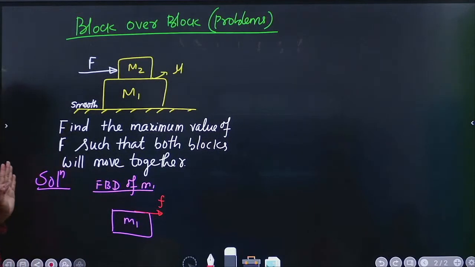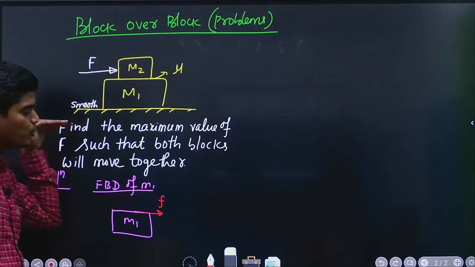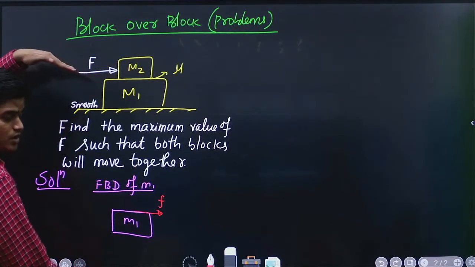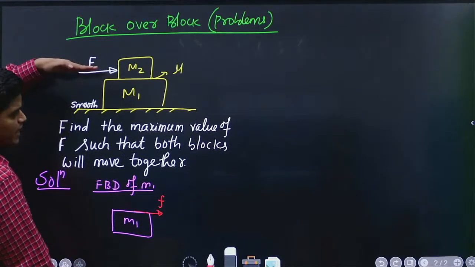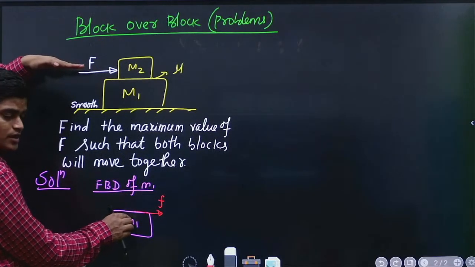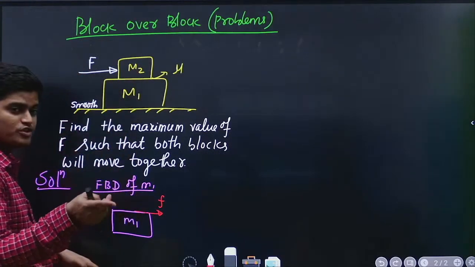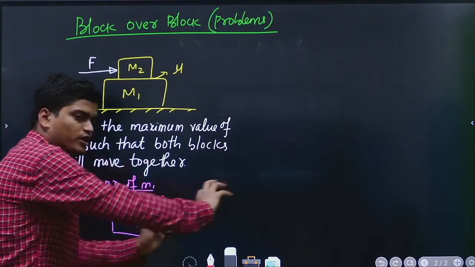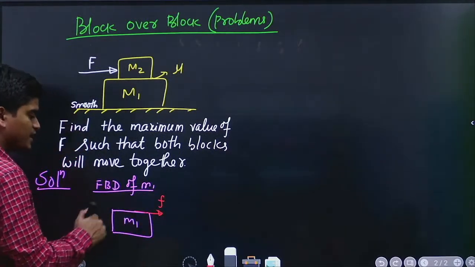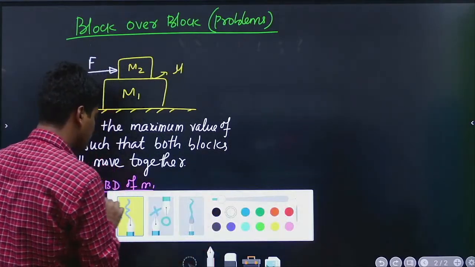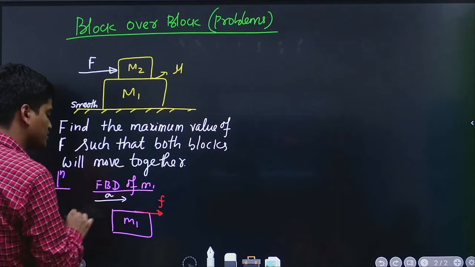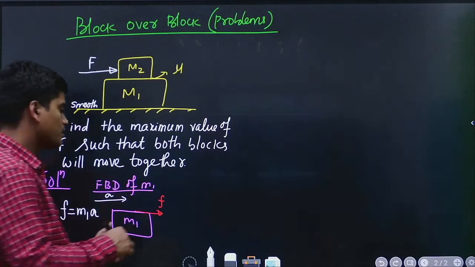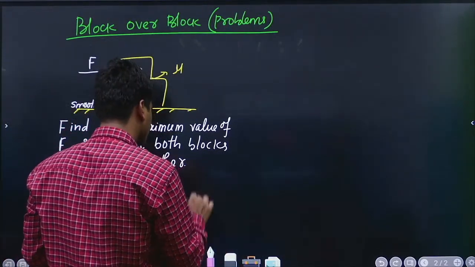On M1 there is a frictional force acting in the forward direction, because friction always opposes relative motion, so it will try to move M1 along with M2. Acceleration is a in this direction, and you can write f equal to M1 a.